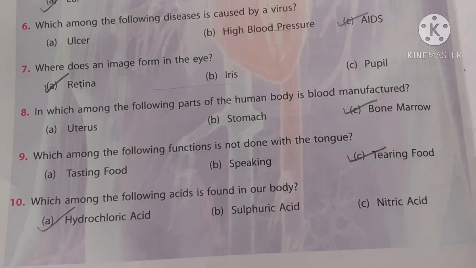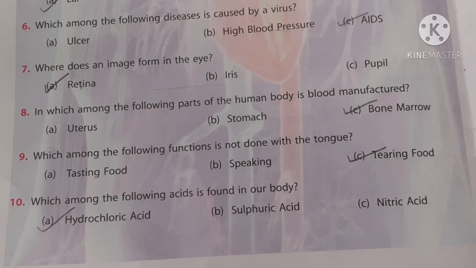Question number 9. Which among the following functions is not done with the tongue? A, tasting food. B, speaking. C, tearing food. And the answer is tearing food. Question number 10.